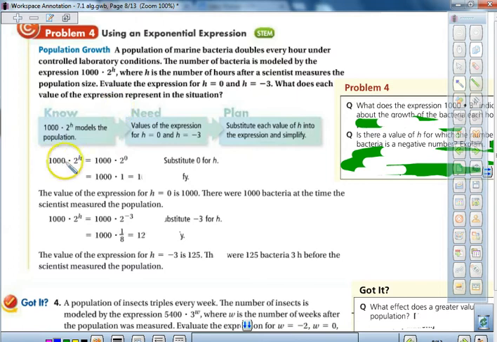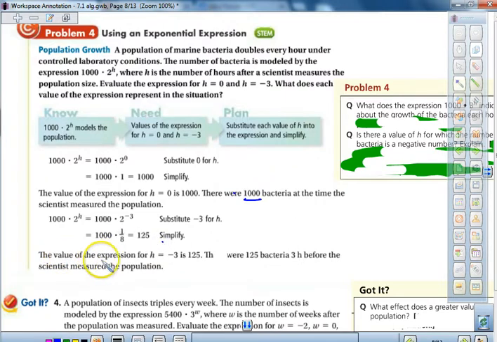Well, first thing we're going to do is write out our expression, 1,000 times 2 to the h, which in this case, 2 to the 0, which equals 1,000, which simply means our answer is 1,000, and that means that there were 1,000 bacteria at the beginning at time 0. 1,000 times 2 to the h at negative 3 means that as we substituted in negative 3 for h, we end up with 1/8 times 1,000, which equals 125.